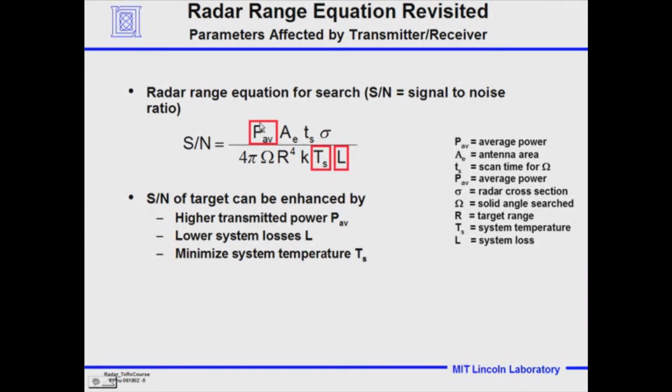The big deal is it's hard to get very high power, and it's very hard to have very, very low system losses. You have to work really hard at these things. So the signal to noise can be enhanced if we have higher transmitter power, if we have low system losses, and we minimize the system noise temperature. Okay?